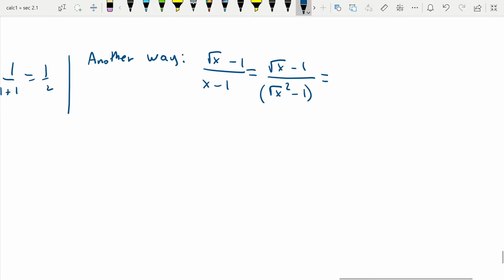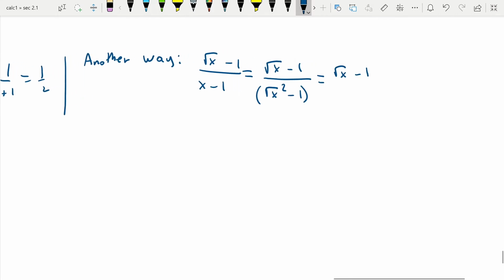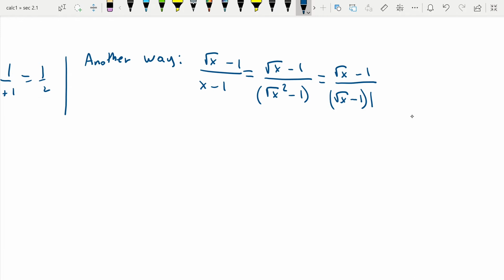We use the same identity as before, which tells us that this is the same as the square root of x minus 1 times the square root of x plus 1.